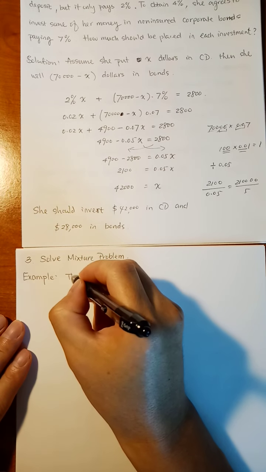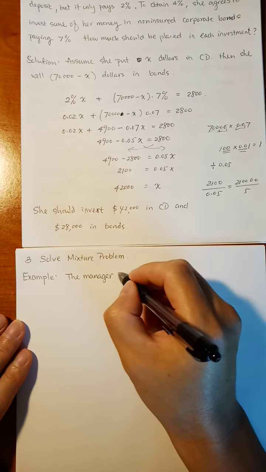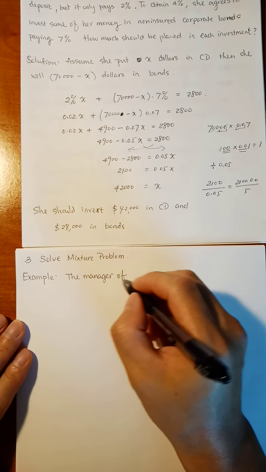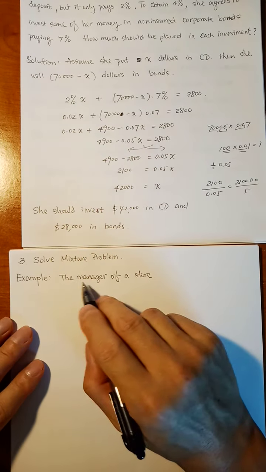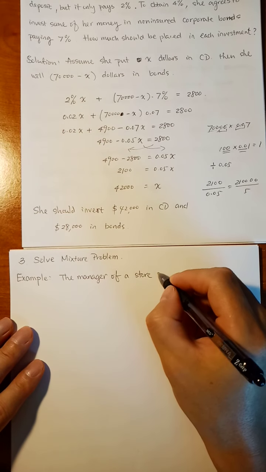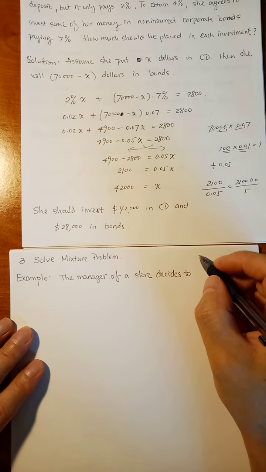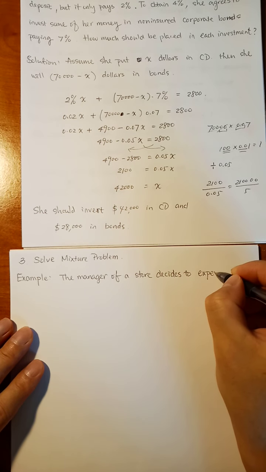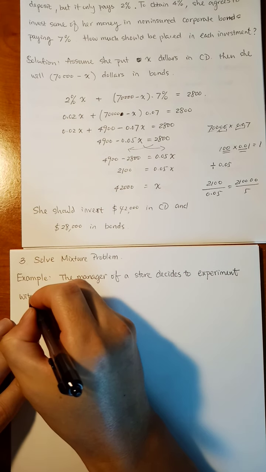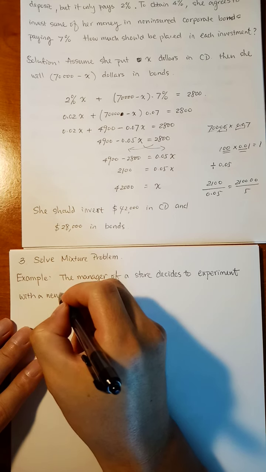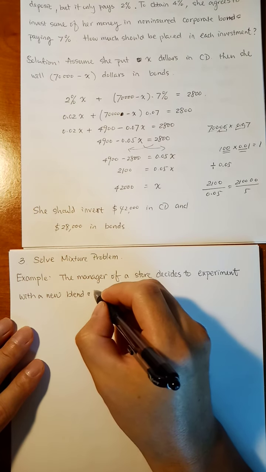The manager of a Starbucks, whatever, of a store. I'm not going to try to copy them all the time. A manager of the store decides to experiment with a new blend, a new mixture of coffee.